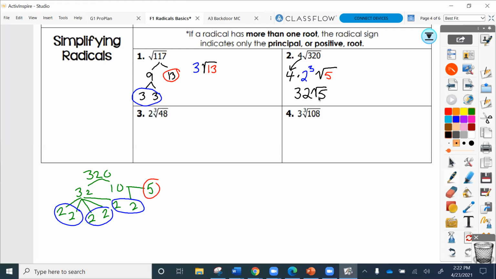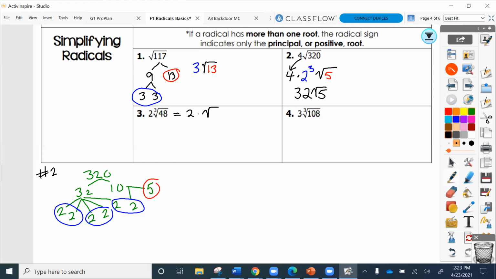All right, let's try another one here. Let me mark that this is number 2. All right, let's see. I'm going to give you a slightly different way to think about this. I know that 6 times 8 is, I'm just bringing the 2 over, 6 times 8 is 48, right?